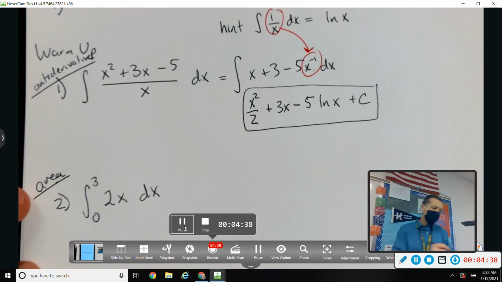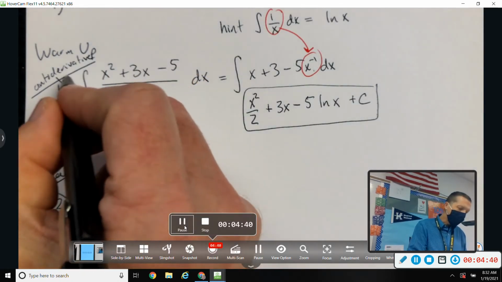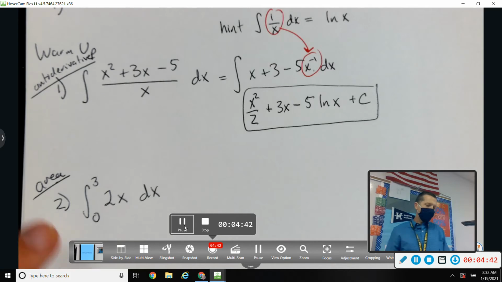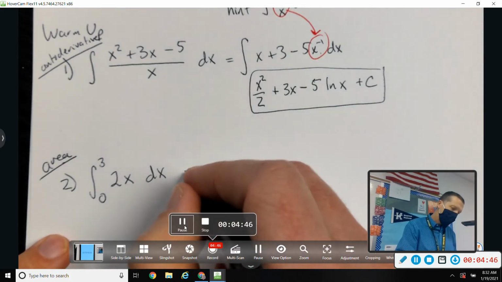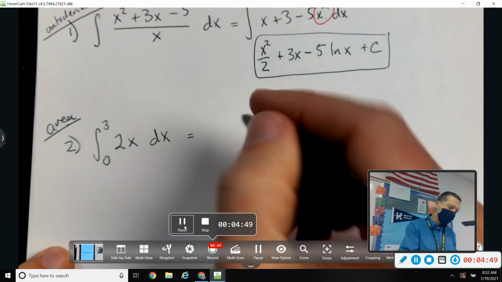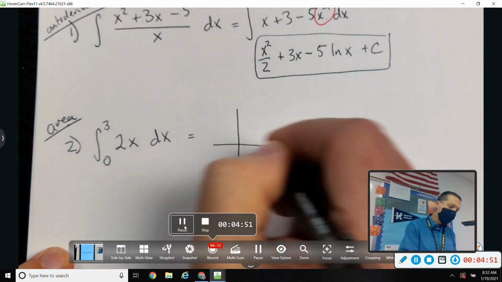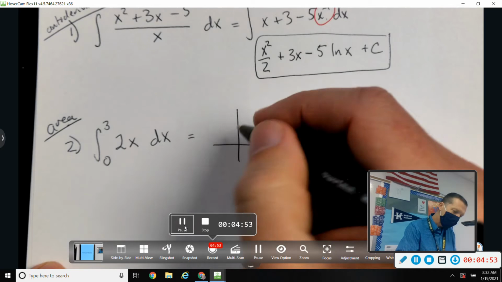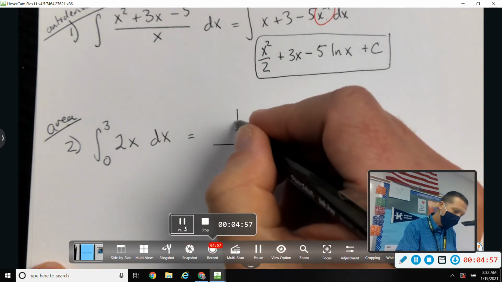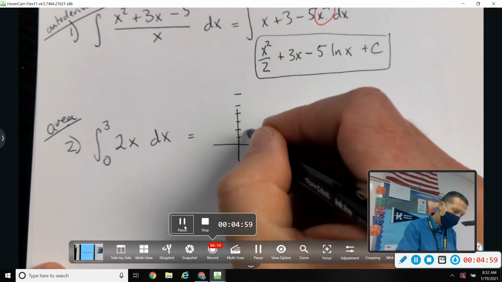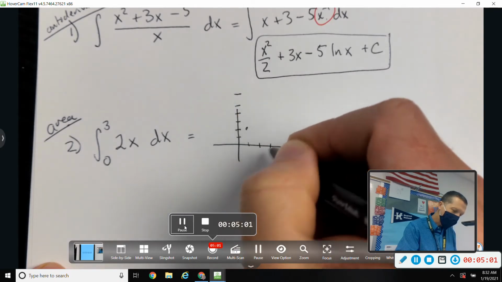So sometimes that integral symbol means take an antiderivative. Sometimes it means find the area under the curve. An equal sign feels a little bit weird, but this is really what we mean. So 2x, that would be up 2 over 1, from 0 to 3.